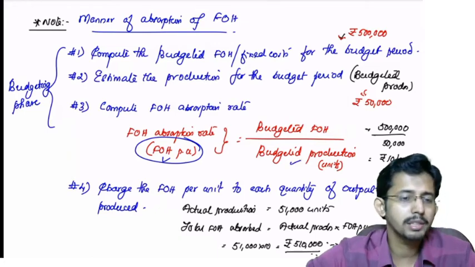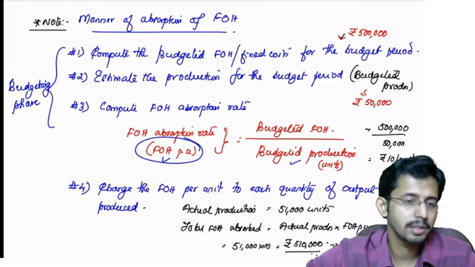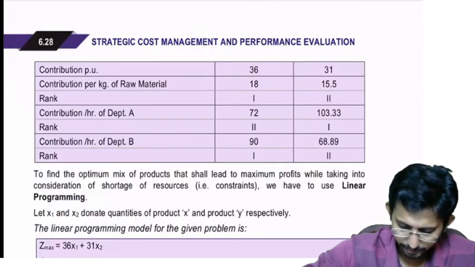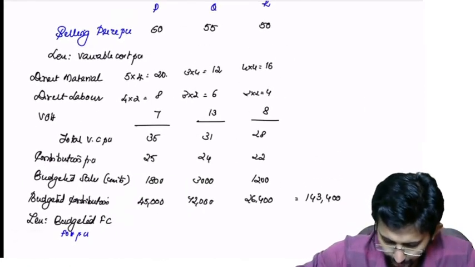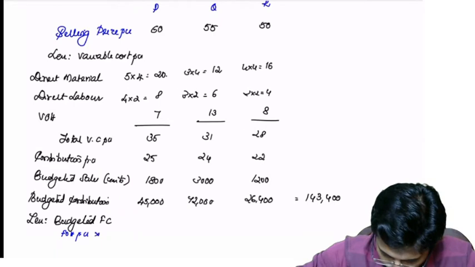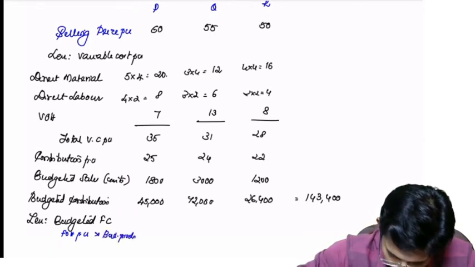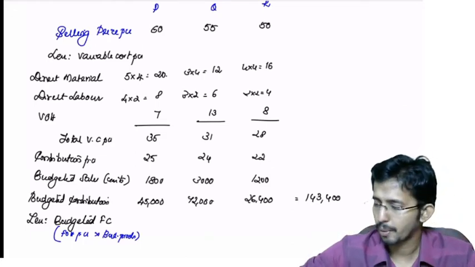The budgeted production units, that you also know. So you can easily find out FOH budgeted, or you can write here, budgeted fixed cost is equal to FOH per unit into budgeted production.